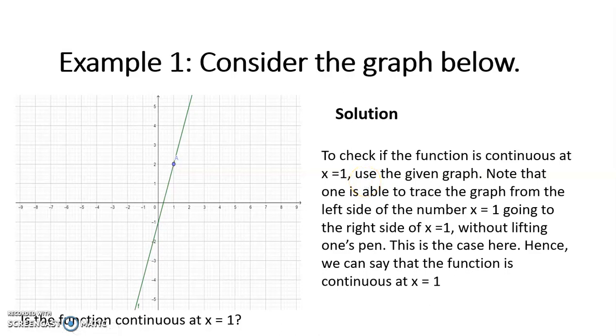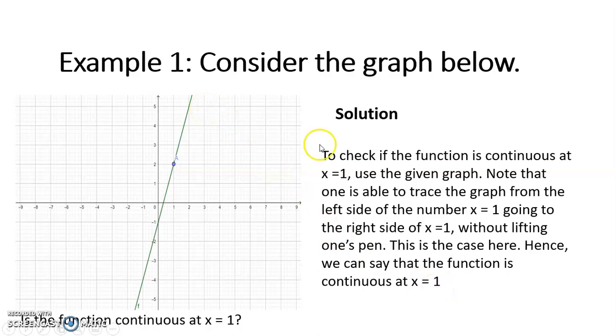Note that one is able to trace the graph from the left side of x equals 1, going to the right side of x equals 1 without lifting one's pen. This is the case here. Hence, we can say that the function is continuous at x equals 1.